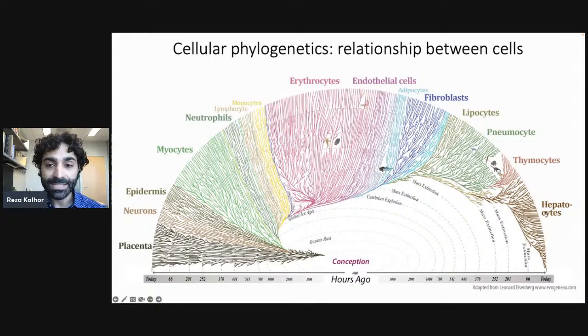In the most exemplary format of cellular phylogenetics, those cells are cells in an animal that came from a single cell, the zygote at the time of conception, which then develops over, depending on the species, hours or hundreds or thousands of hours to form all of these cell types.